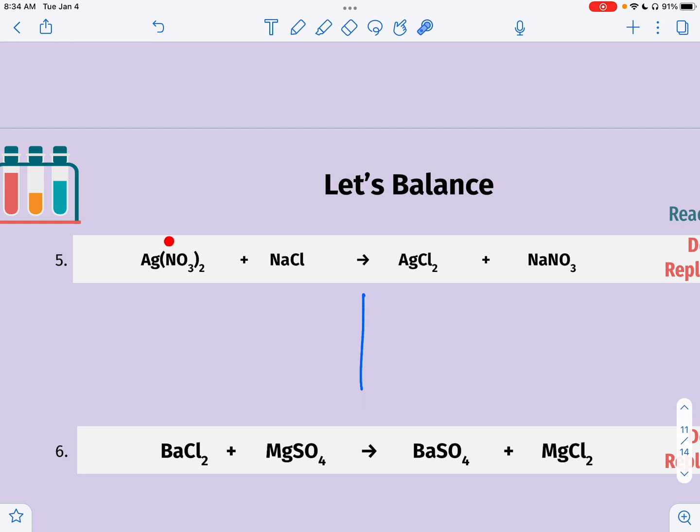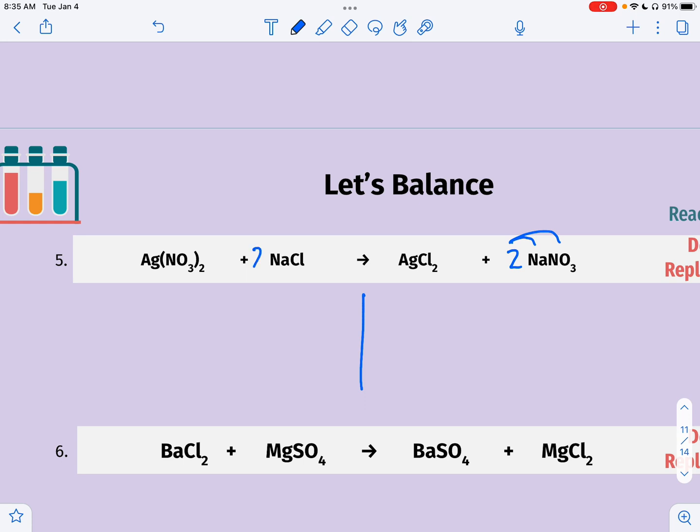So I'm going to count this as 2 nitrates, and I'm going to want to have an adjustment of a coefficient so that I have 2 nitrate groups on this side. Remember, the 2 distributes to the sodium and to everything that follows. So it also counts as 2 nitrate groups. Now I'm going to trace that back. I have 2 sodiums on this side.